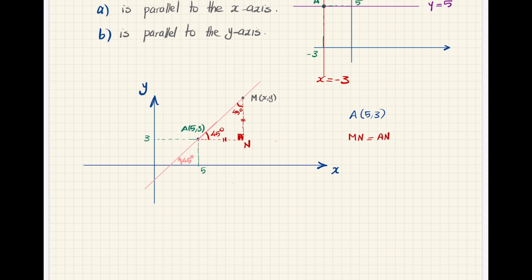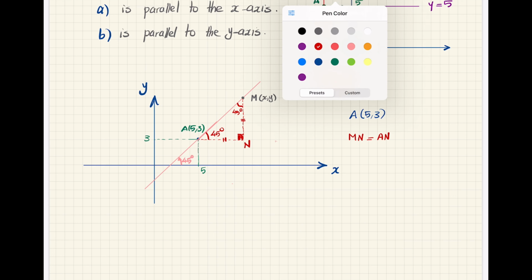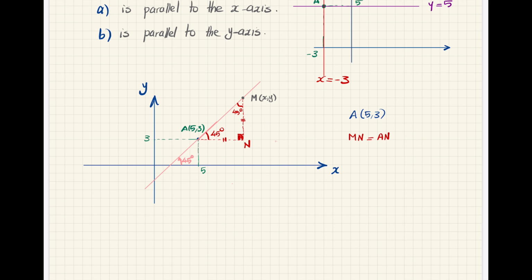And now if I ask you, what can I write for MN using these pieces of information that you see on the picture? I hope that everyone agrees with me that, if I ask you what is this length, can you write something for this length using the information here? Now I am going to the world of algebra, okay? So this equality is not coming from algebraic arguments.